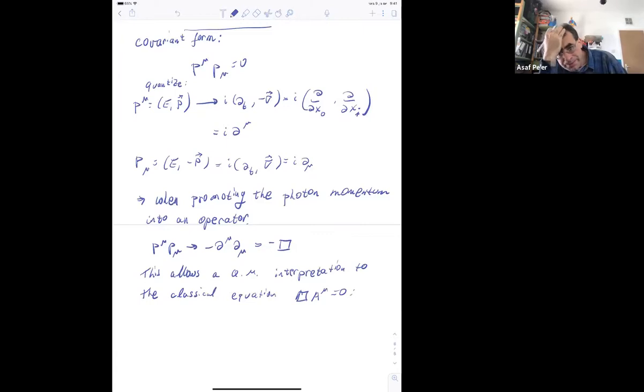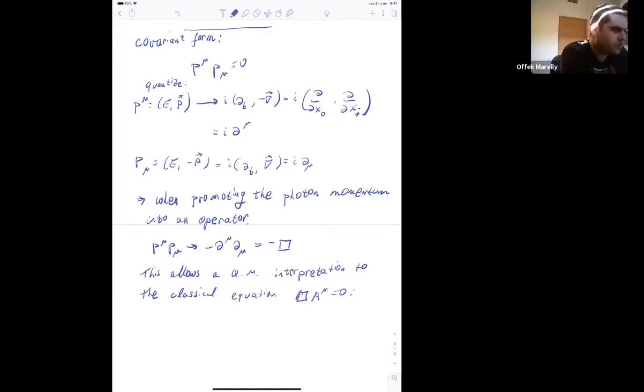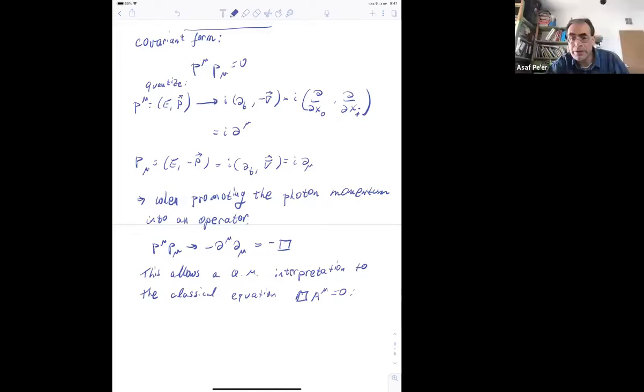So in QED, the 4-potential A mu becomes what? Again, it's an interpretation. An operator, or a group of operators? No, A mu is not the operator. The D'Alembertian is the operator. The momentum turns into an operator. What is A mu?